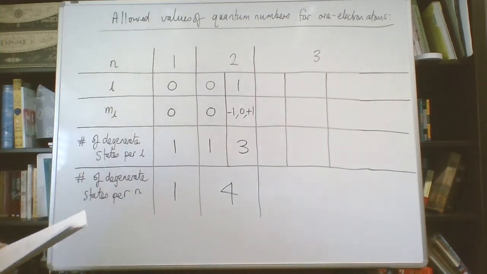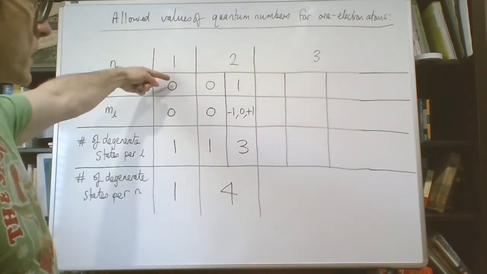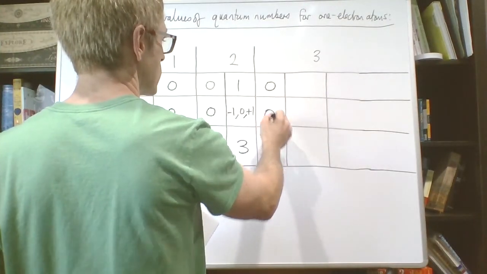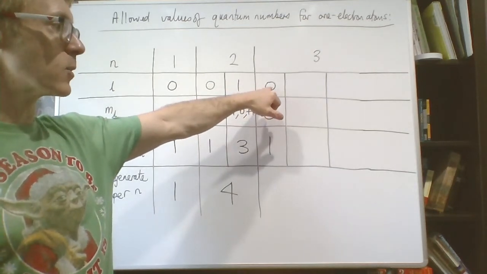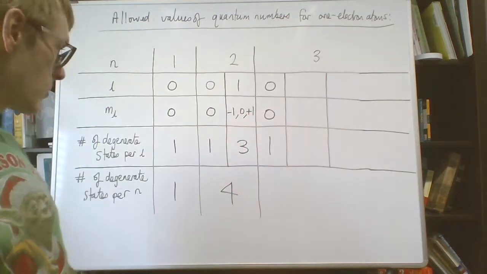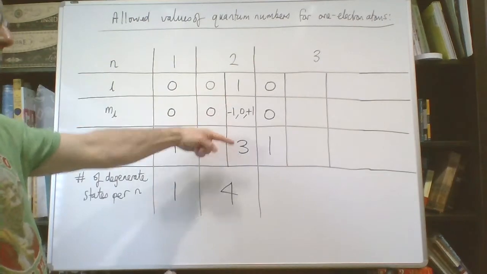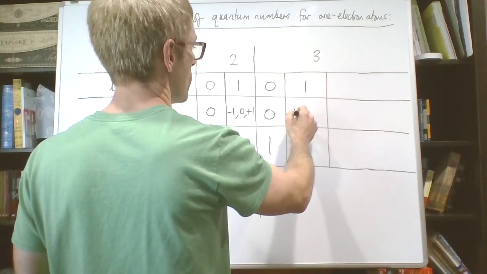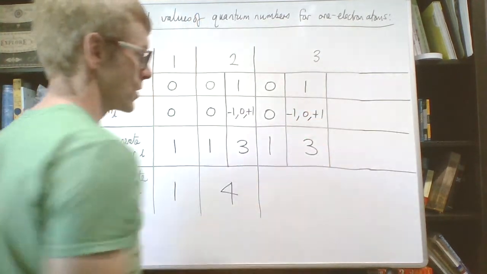And then finally, to go over to n equals 3, in period 3 we can have s and p orbitals again, so we can duplicate this column. We can have an s orbital, L equals 0, therefore ml equals 0, and there's only one of them. We can also have p, so we just duplicate this: -1, 0, +1, which is 3.